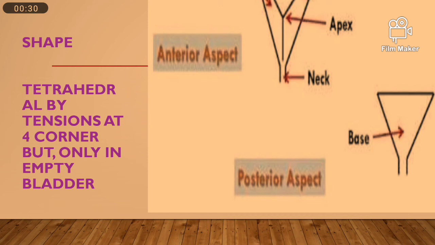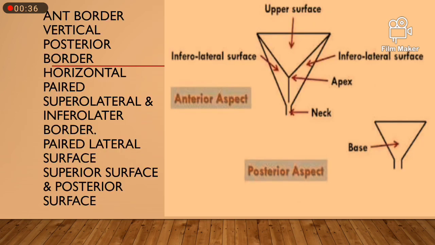It is tetrahedral. This tetrahedral shape is only visible in an empty bladder. Now this tetrahedral shape is actually made by four pulling forces. Those pulling forces are from these two corners, one from this end and one from this end, by the two ureters. Then this point, which is attached to the median umbilical ligament, is also called the apex, and this point is the neck, that is the urethral orifice.